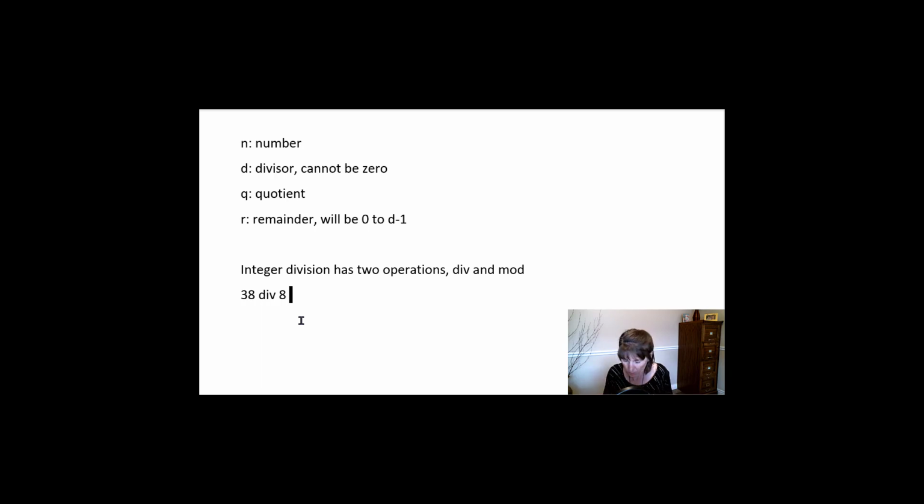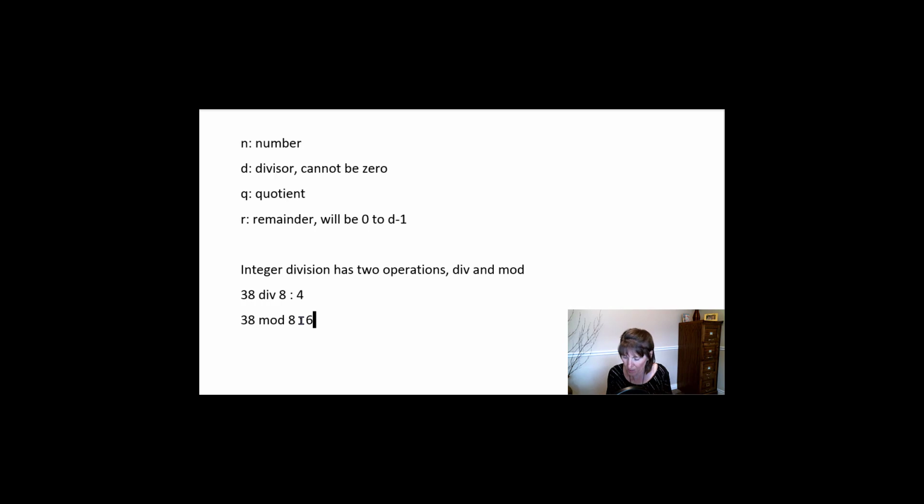How many times will it go in? It'll go in 4 times. And then we also have 38 mod 8, and that gives us the remainder. When we divide by 8, it gives us 4, which is the 32 part, and then we have 6 left over. So the remainder is 6, because 4 times 8 is 32 plus 6.